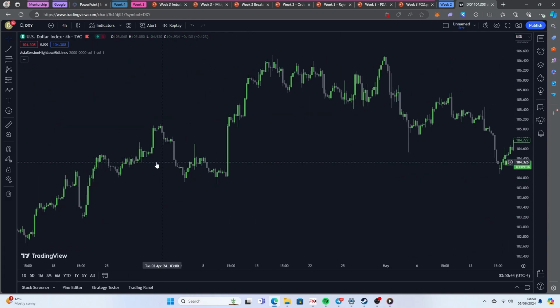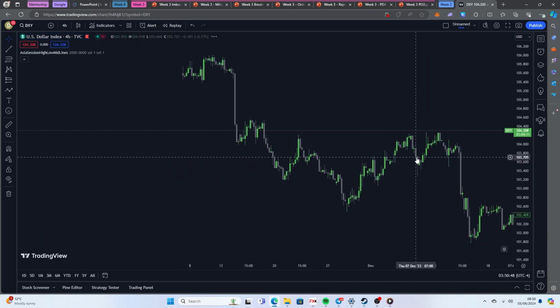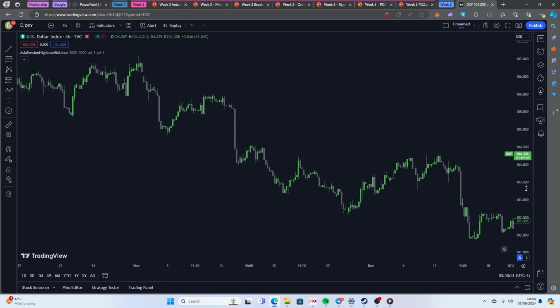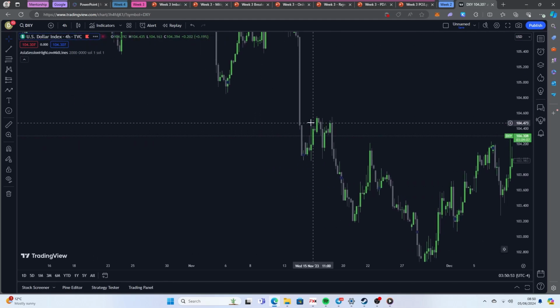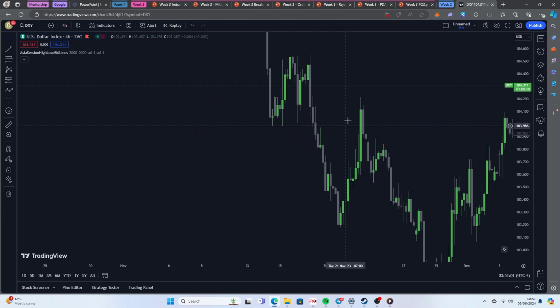DXY has been awful recently, I might have to go back. Yeah, so here, swing high, failed swing high, right? Price breaks down.